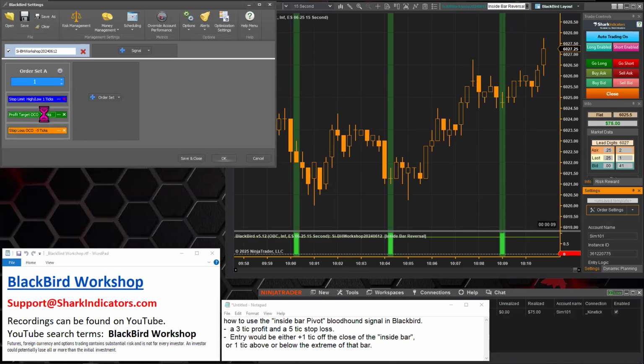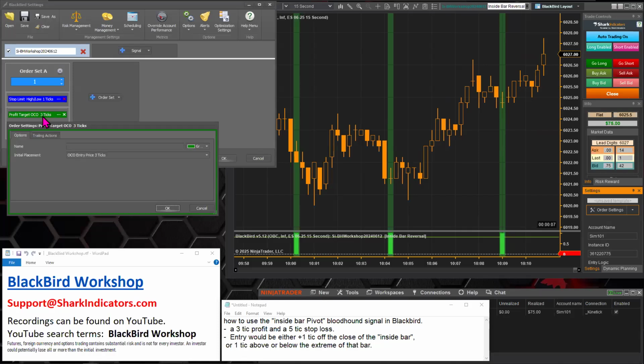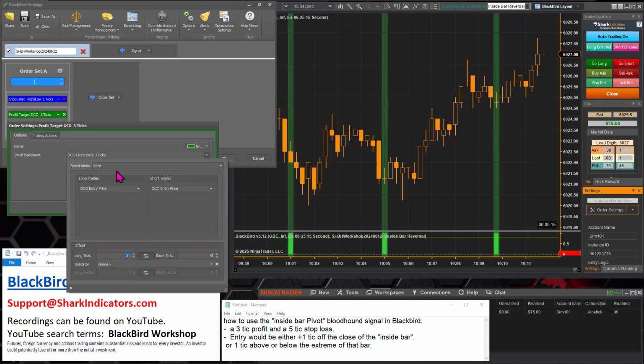And then it's the exact same thing for the profit target and stop loss. Go into the initial placement, and you'll notice this menu is exactly the same as the menu that's used for the entry order.